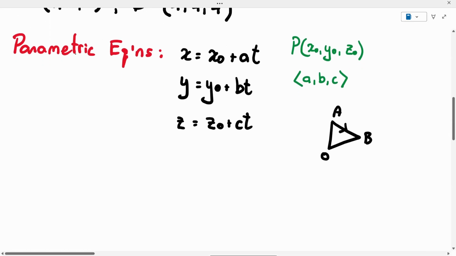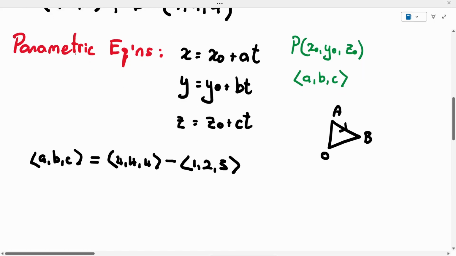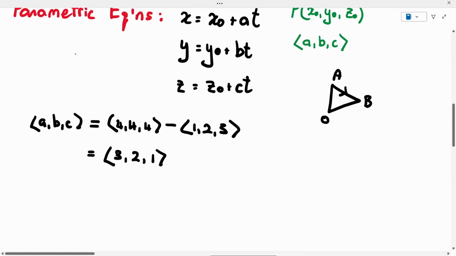So all we had to do to find a, b, c was subtract the position vectors 4, 4, 4 and 1, 2, 3. Right, so when you subtract that, you get 3, 2, 1, and that was a vector in the direction of the line.